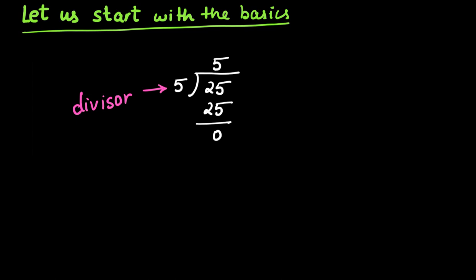Okay, and straight away I'm going to write g of x. You have to remember this 5 is quotient and we call it as q of x.